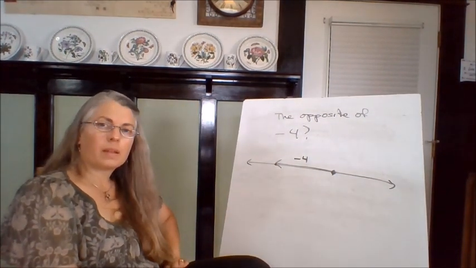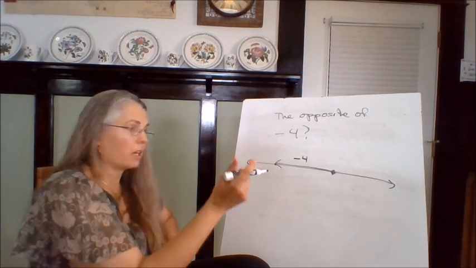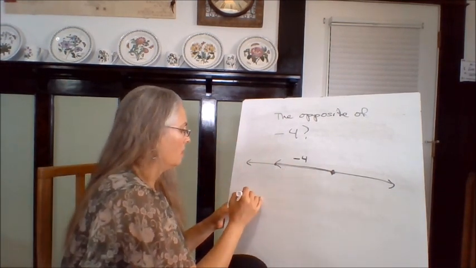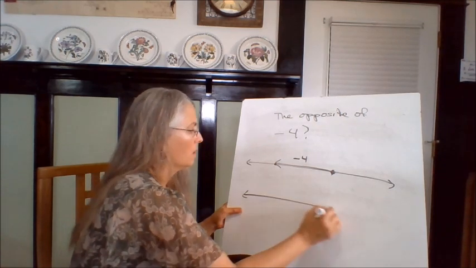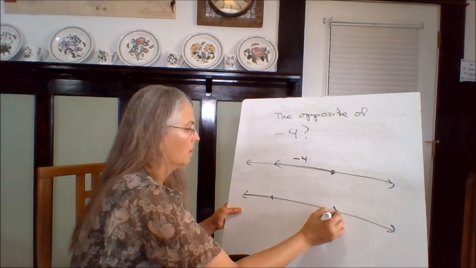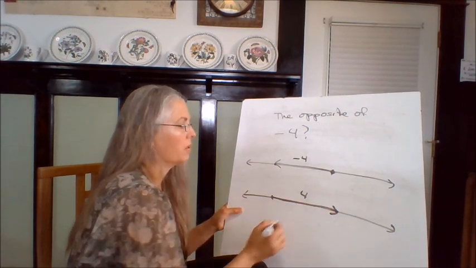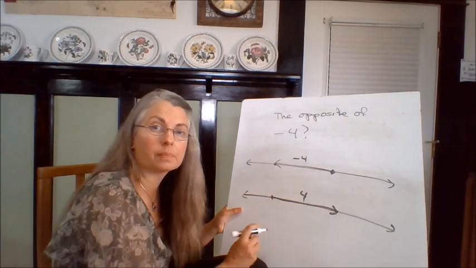What's the opposite of that? Flipping an arrow just means you're switching its direction. So the opposite of that is going to be that. So it has the same exact length, but it's pointing the opposite direction.